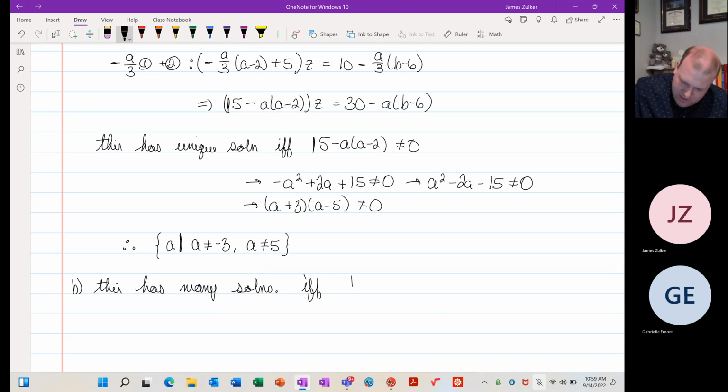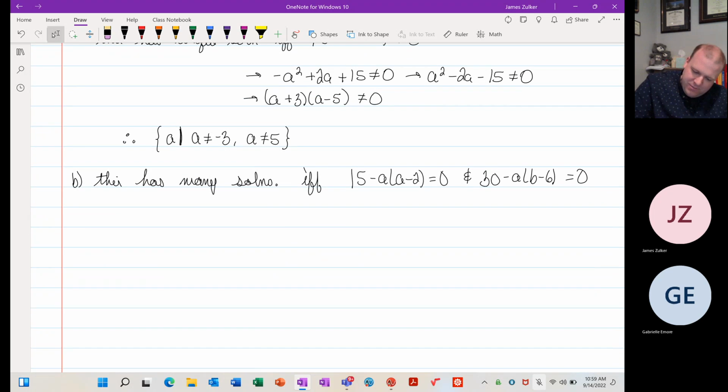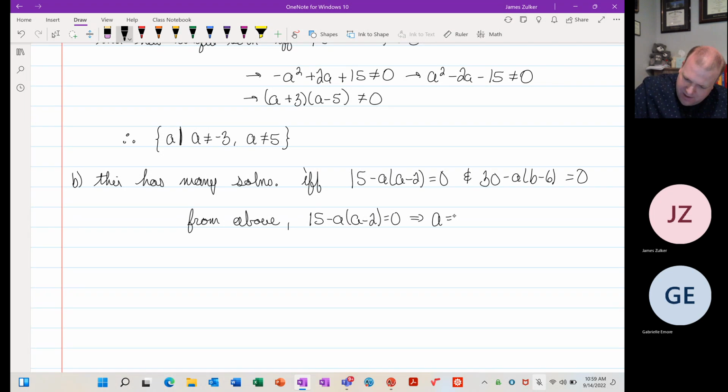So that is 15 minus a times a minus 2 is 0, and 30 minus a times b minus 6 is 0. Well, again, we already know that if 15 minus a times a minus 2 is 0, then a is either negative 3 or a is positive 5.